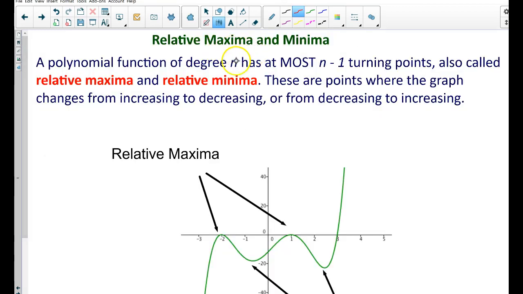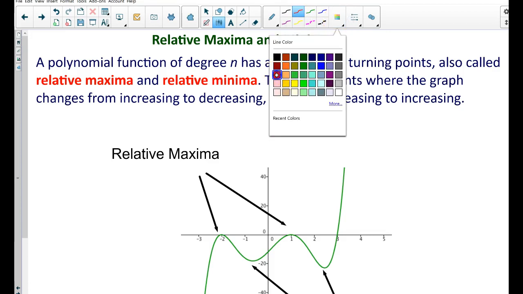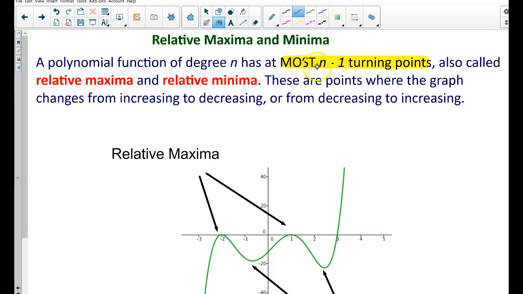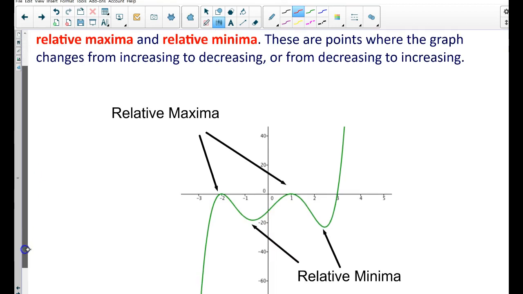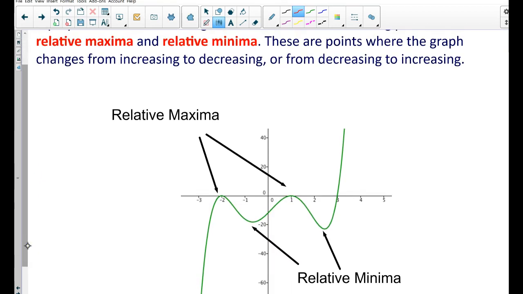Relative maxima and minima. A polynomial function of degree n has at most n-1 turns, so that's really important. I highlighted there are n-1 turns, whatever the degree is minus 1. And basically what these points are is where the graph changes direction.